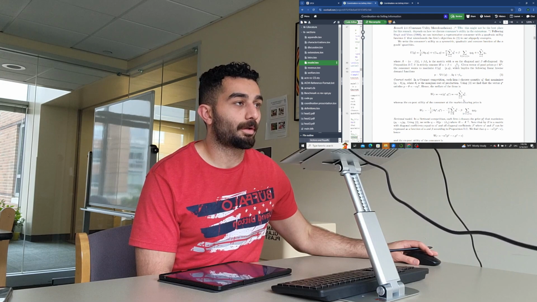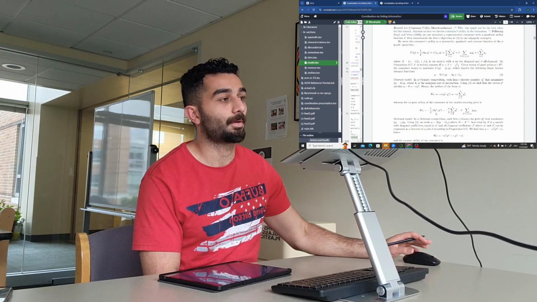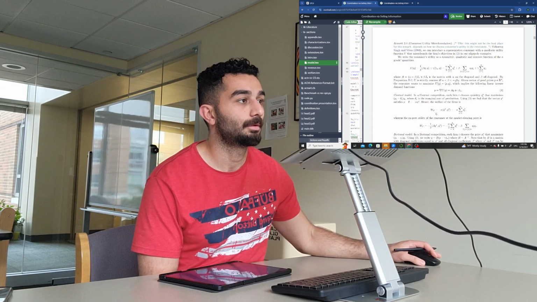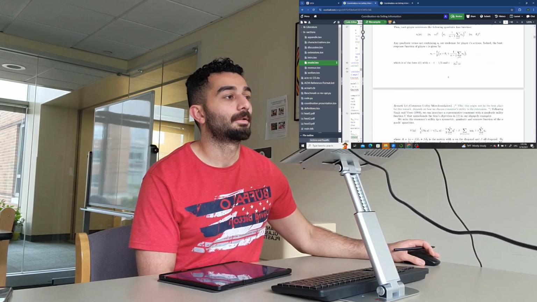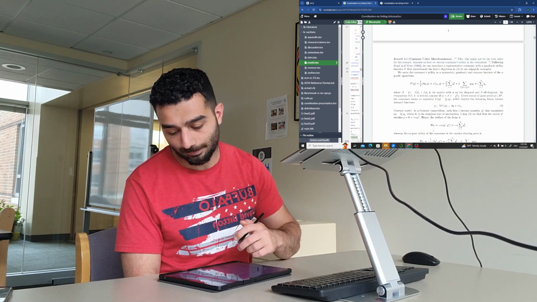Which is 1/2 QI squared, whereas the exposed utility of the consumer at this market clearing price is minus 1/2 AQQ. Is that true? It is this term. Why do we have that?